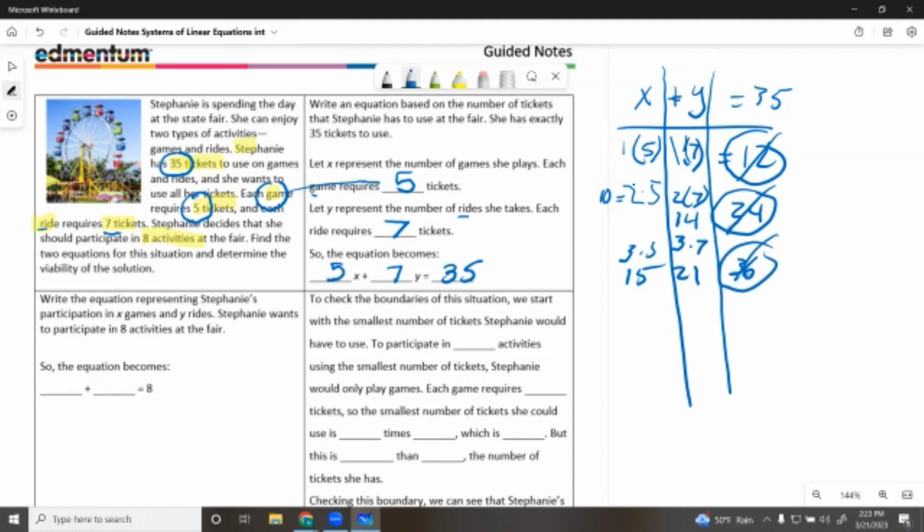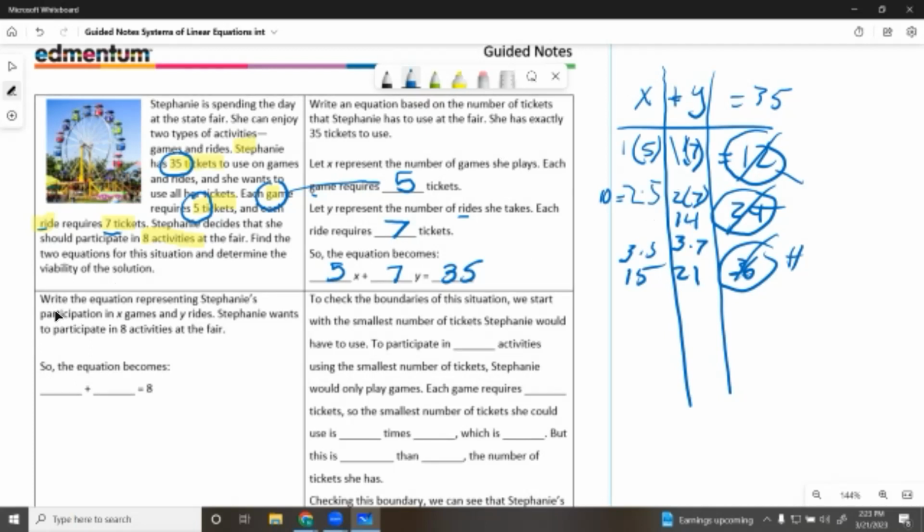Oh man, we're too high now. Here, too low, too low. Now we're too high. So we would sit there and we could guess and check, guess and check, guess and check. But using the equation to solve for it is going to be a lot clearer. Plus, there may be more than one solution. To this one anyways.